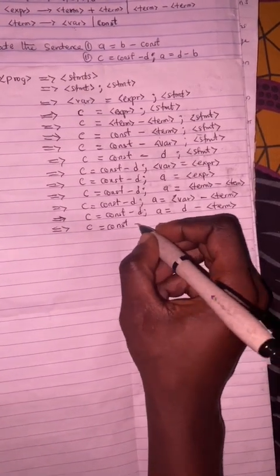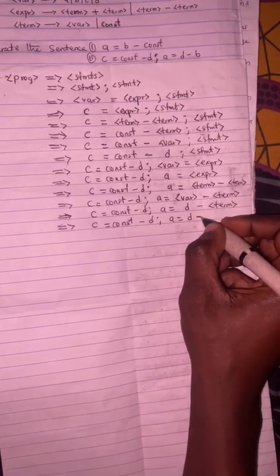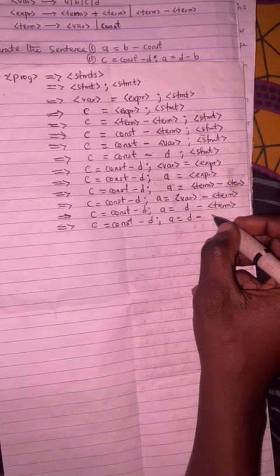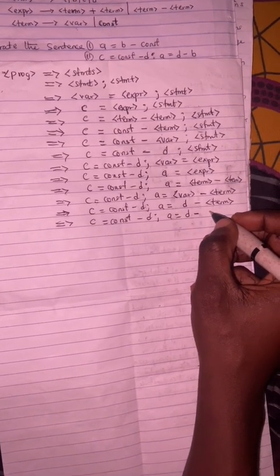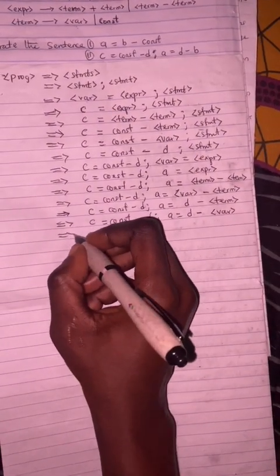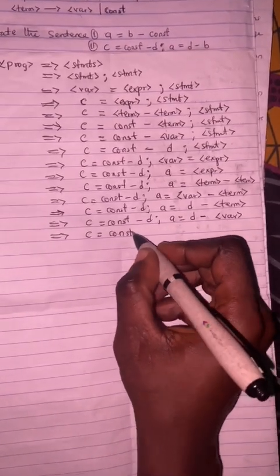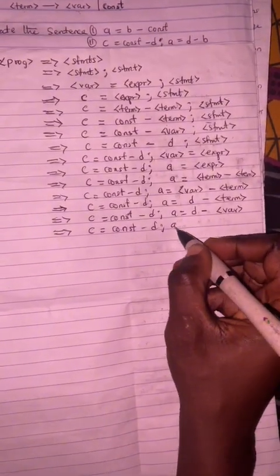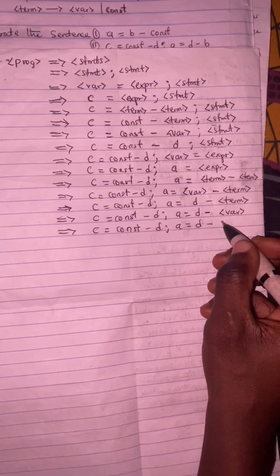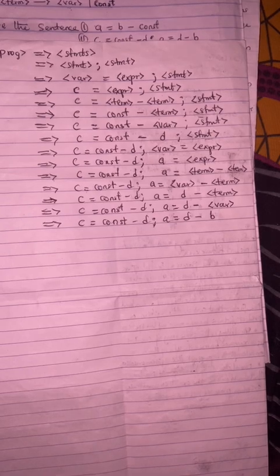We have const minus D, our semicolon, A equals to D minus, now our term, we are not looking at const now, so our term now will give us another var, right? And then the last part of derivation, our var now will be B. You can see that we successfully gotten our sentence from the production rule.